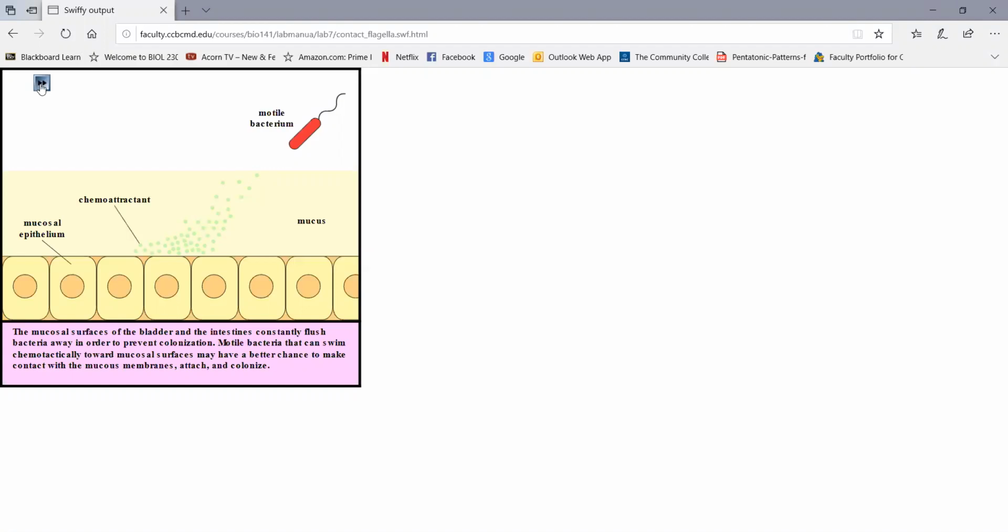So here we see the bacterium using its motility and chemotaxis to swim through the mucus to make contact with mucous membranes, such as those in the gastrointestinal tract or in the bladder.